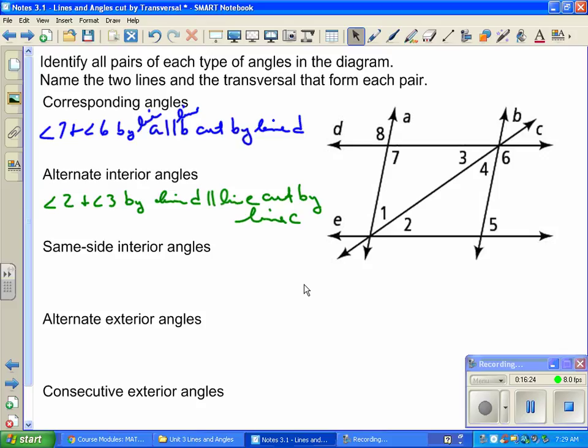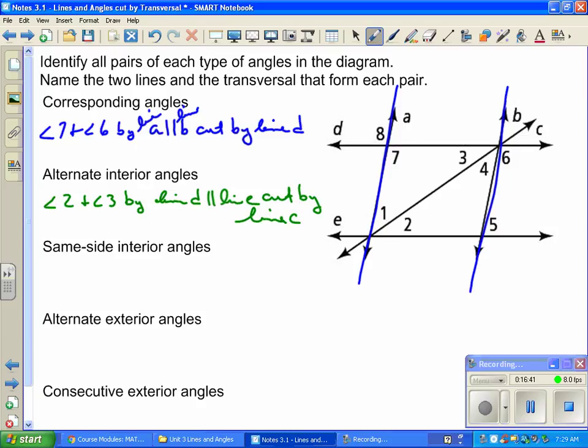But if you look at it vertically, where A and B are your two lines, then 6 and 5 and 8 are all outside of your lines.